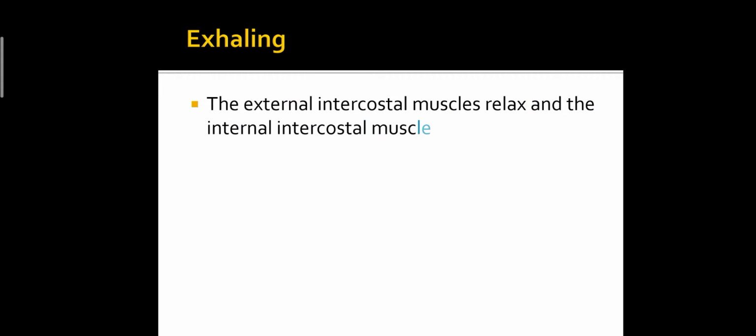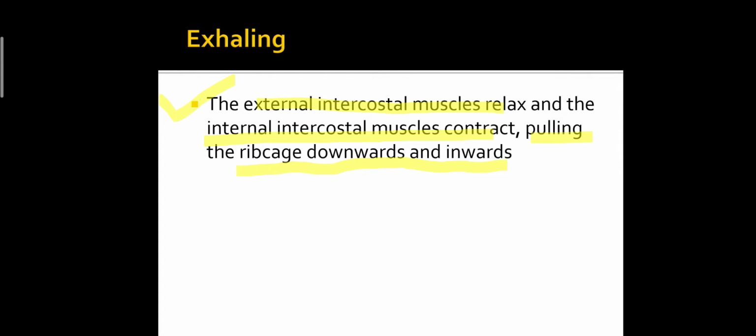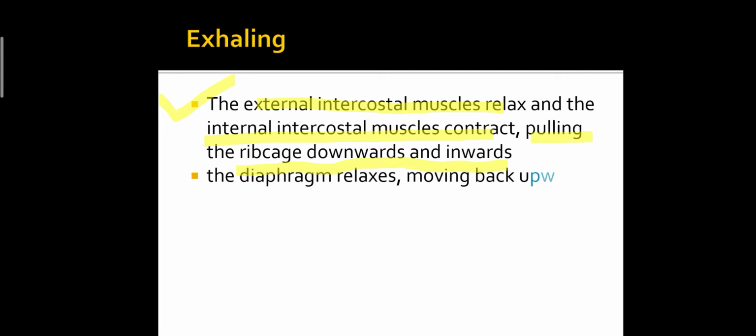Now we will talk about exhaling. In the process of exhaling, the external intercostal muscles relax and the internal intercostal muscles contract and pull the rib cage downwards and inwards. The diaphragm relaxes and moves back upwards.